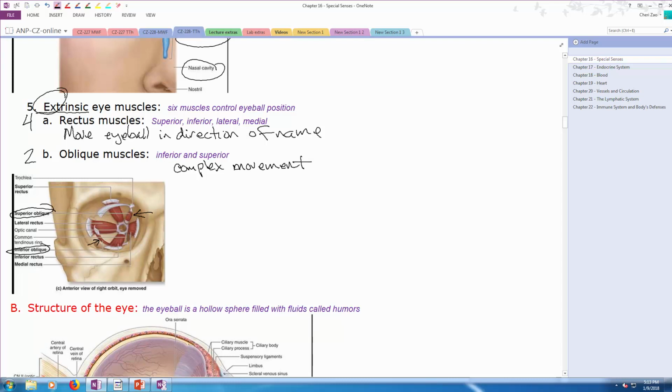The superior oblique is down and out. The inferior oblique is up and out. So their names are backwards. So when you hear superior oblique, realize you're looking down and out, and inferior oblique up and out.